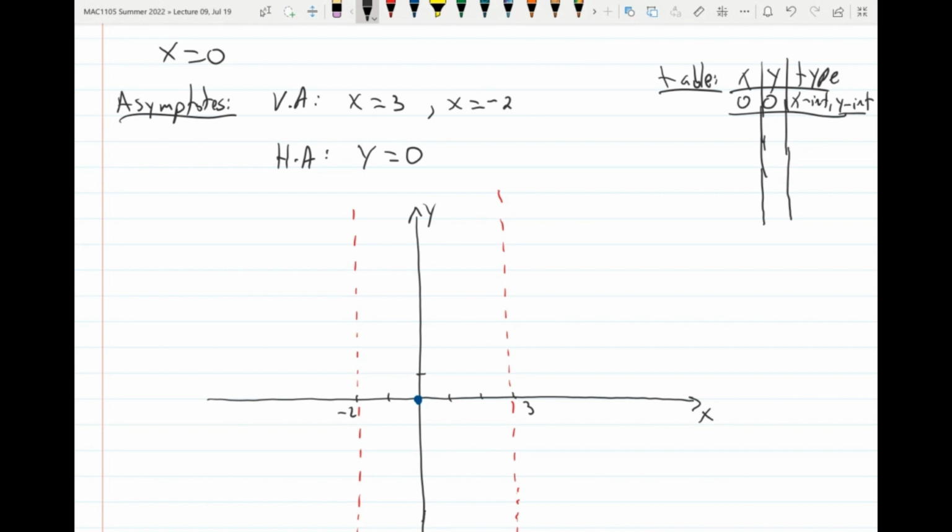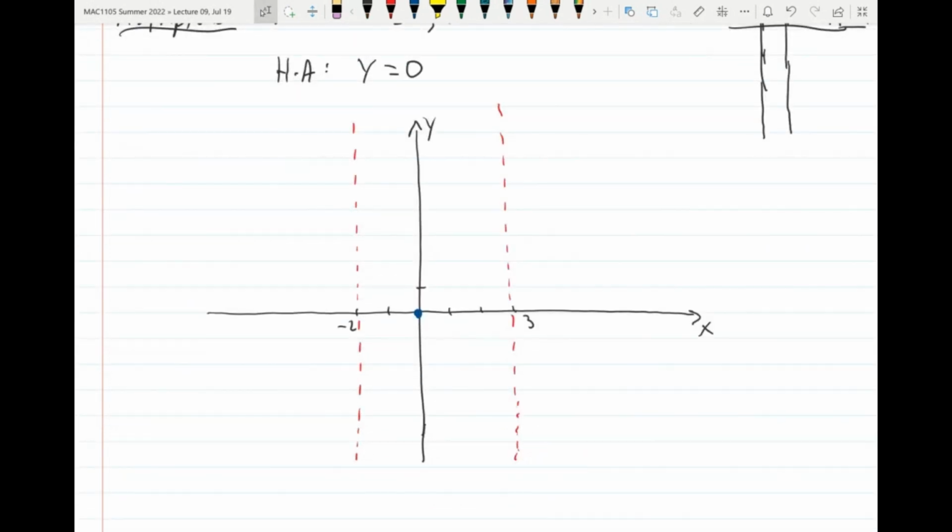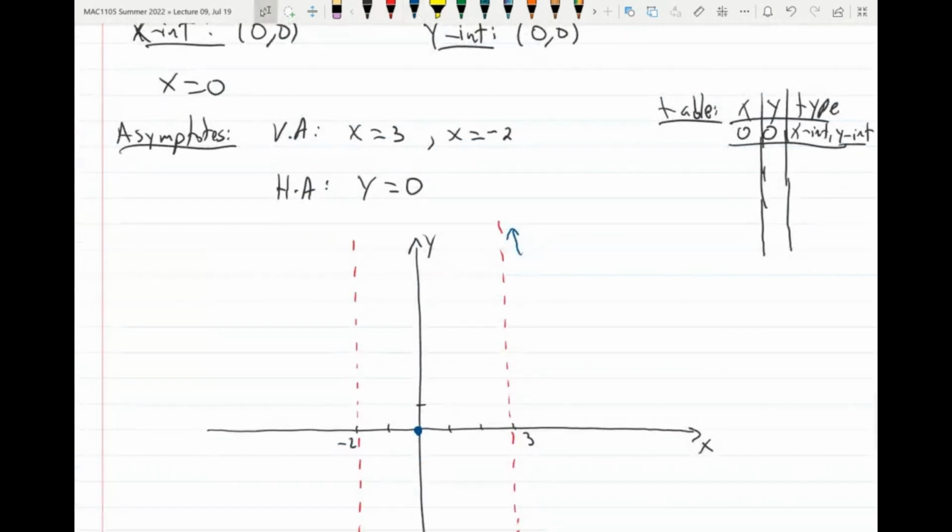So let's look at behavior around the asymptotes, one at a time. Let's look at x equals 3. Here you could just do a sign analysis to do it quicker, but anyway, we need a point over here, since there's nothing going on here. We need at least 1 point to show that the function goes through, so we kill 2 birds with 1 stone: we find the point and then we know the behavior. So I'm going to pick 4 numbers to the right.